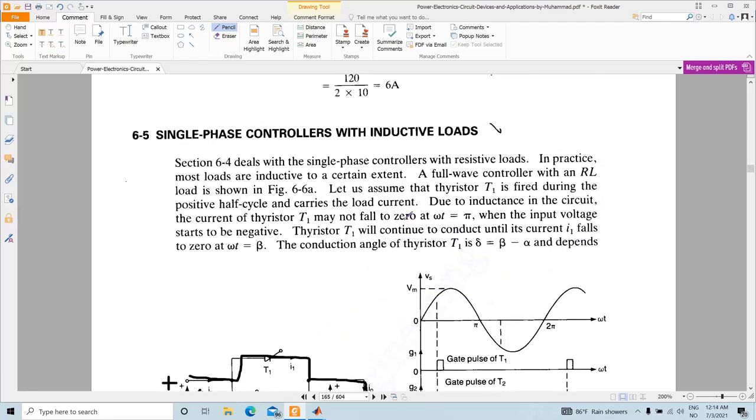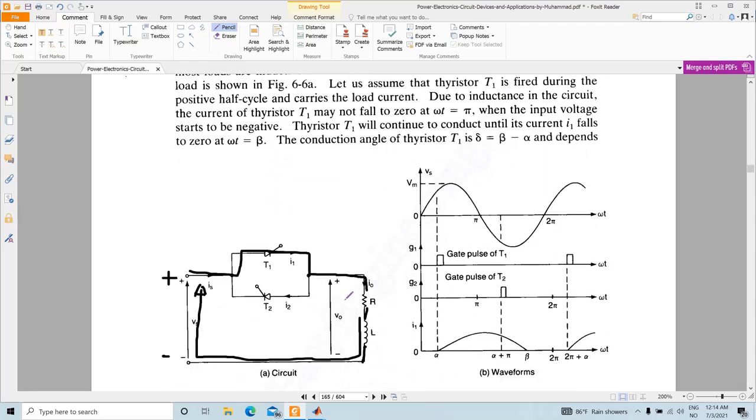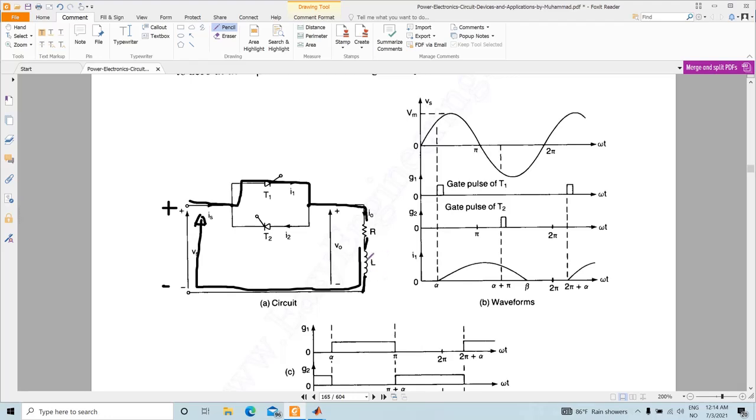so it will depend on alpha as well as the power factor here. So this ratio between omega L and R we will see.